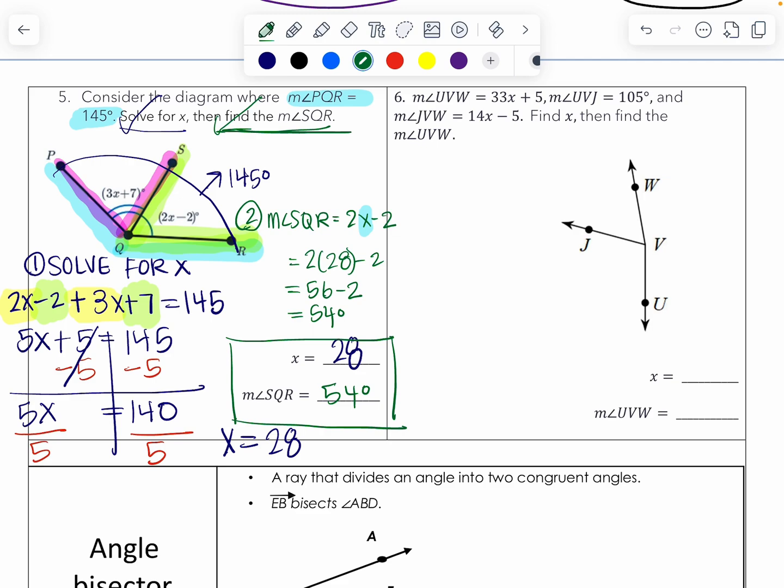So UVW, this big thing, is equal to, it tells us, 33x plus 5. Next thing it says is that UVJ is 105.